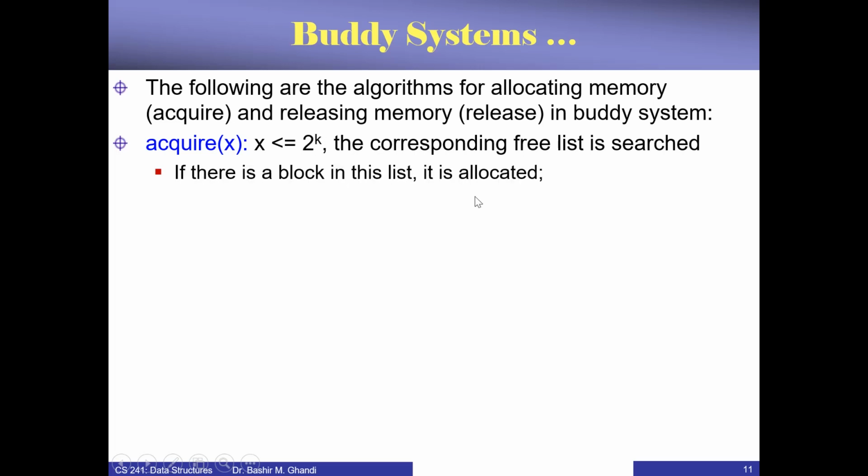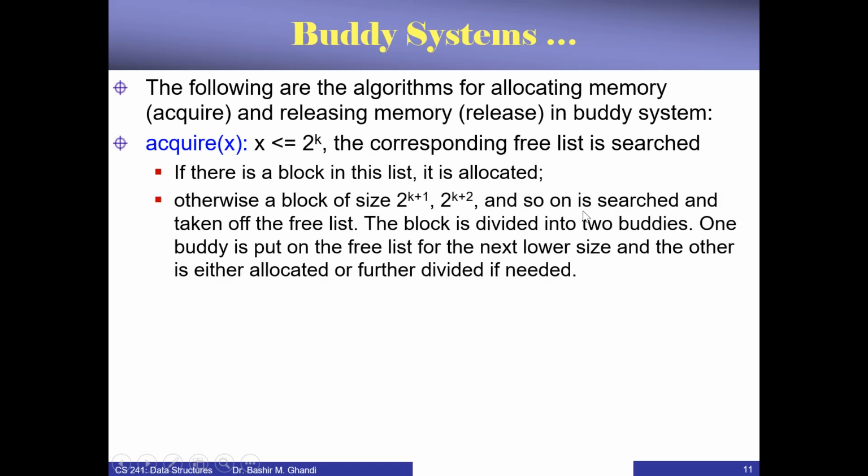If there is a free block there, then it is a simple matter of taking one of them off and allocating it. Okay, if there is a memory block in the linked list of 2 to the power k, we just allocate. But that list may be empty.